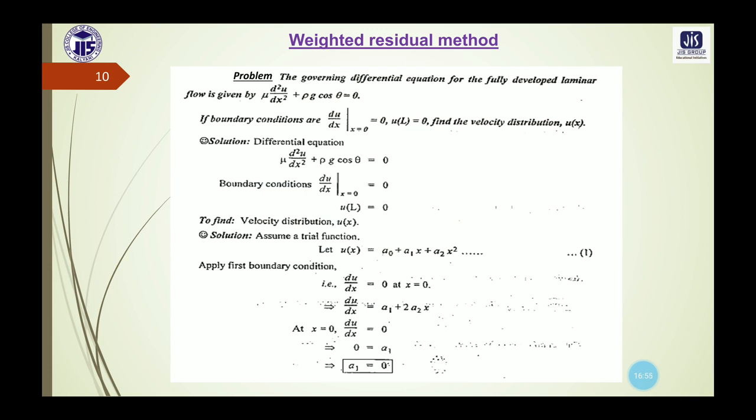What is the concept of fully developed laminar flow? It is already studied in fluid mechanics and in the convection part in heat transfer also. So these things will not be discussed here. We will directly go to the procedure to solve the numerical based on the weighted residual method.